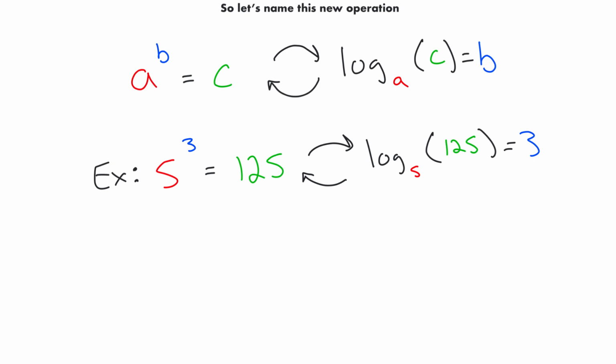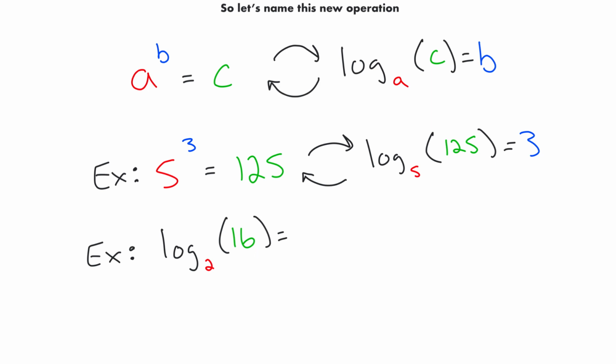So my next example, now I'm going to do the other way around. I'm going to start with a logarithmic statement, like log base 2 of 16. Now before I just give that answer away, I want you to think about it. This is stating 2 to what power is equal to 16?